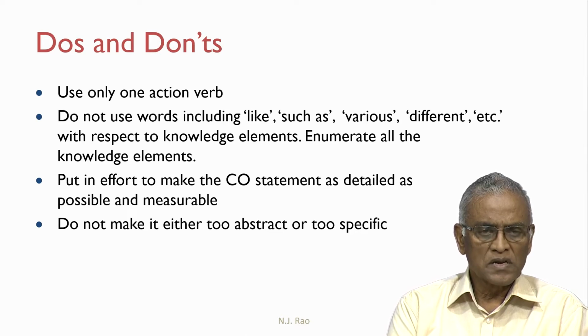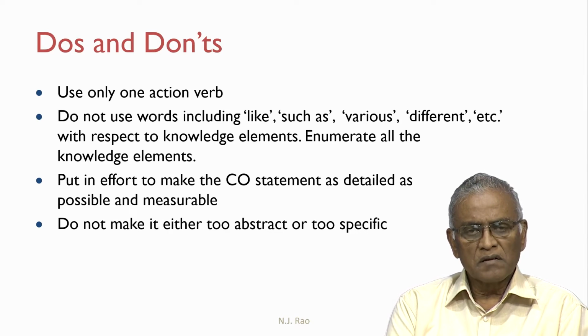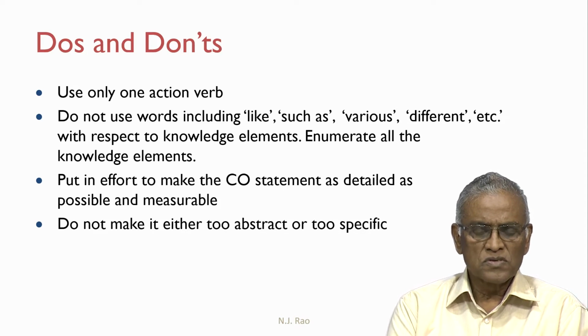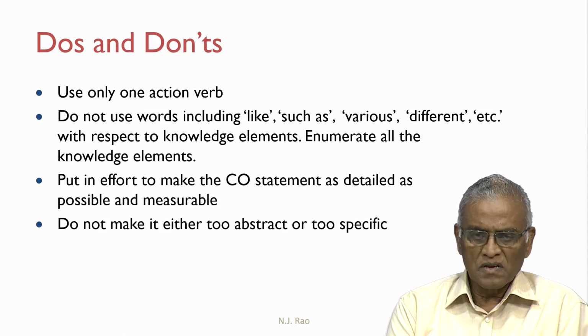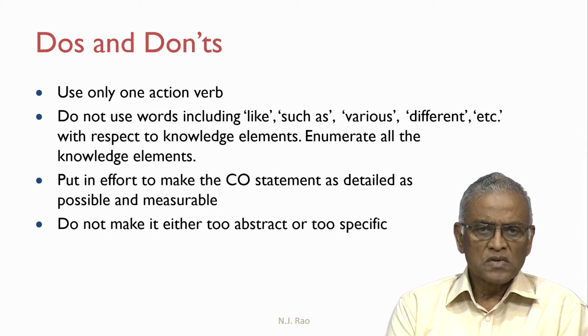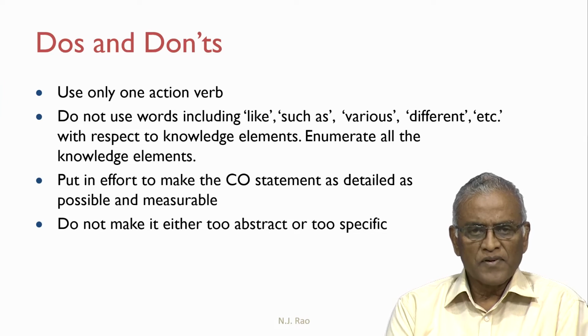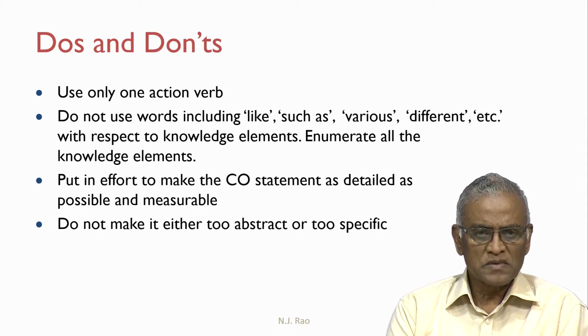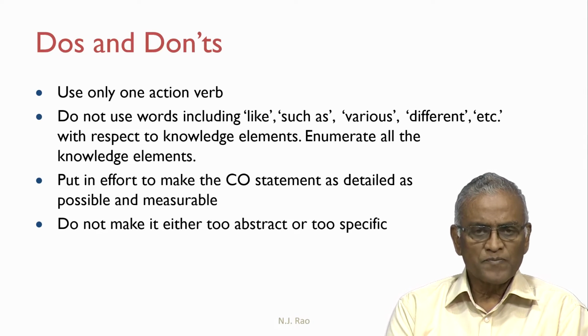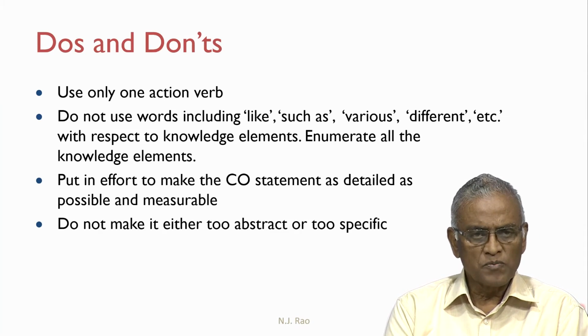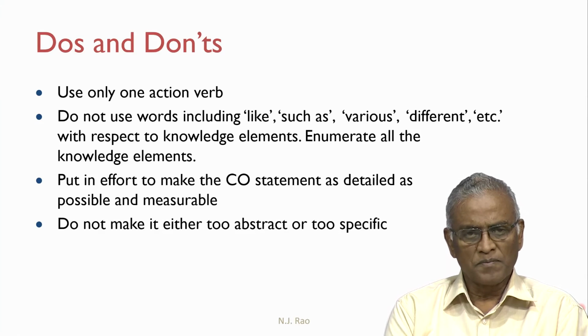Enumerate all the knowledge elements. As teachers we are quite used to using, or inadvertently use, the words various, different, like we say different aspects or various aspects, and we give some examples and say such as, but such phrases should not be used as a part of a course outcome.